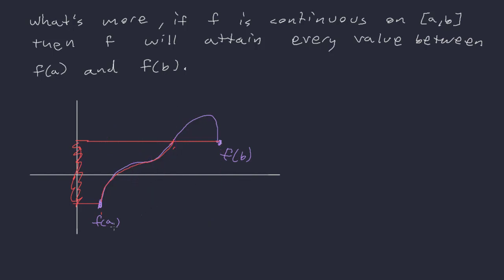But we are guaranteed to hit every value between f of a and f of b. That's actually a pretty cool thing. I mean, it might seem intuitive because we're talking about continuous functions and the way we know that continuous functions behave. This shouldn't be a surprise. But it is still nice to have formally.